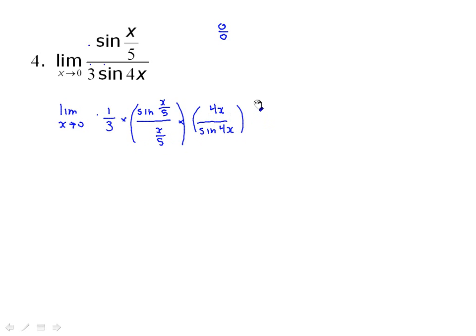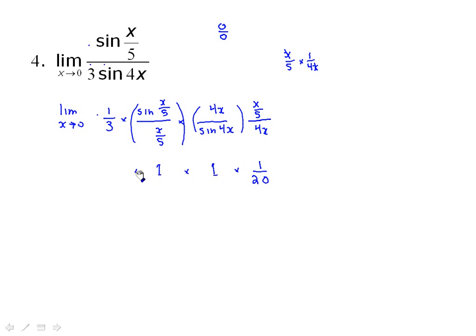But of course I have to now balance things off because I need to have an x over 5 brought in on top to balance the 1 on the bottom, and then also a 4x. So this is x over 5 divided by 4x, so times 1 over 4x. When I simplify this, that will give me 1 over 20. So 1 over 20 is there, times 1 times 1.